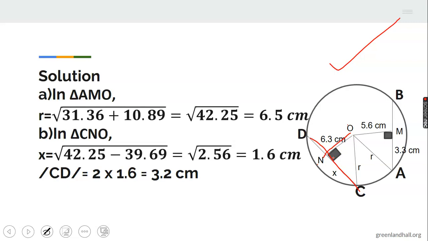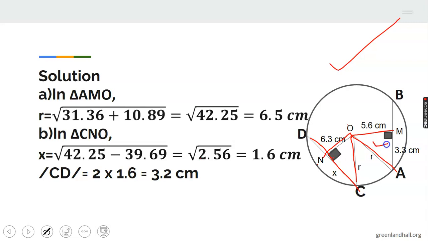So from there now, here is the radius. Here is also the radius. From the center of this one is 5.6. So what we do, we pick triangle AMO.